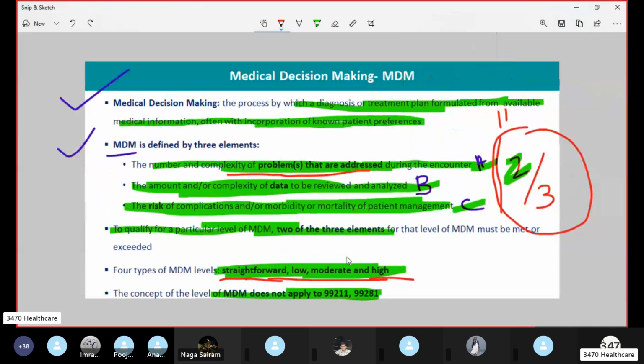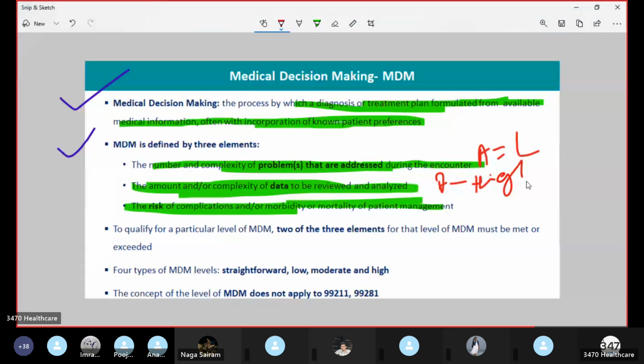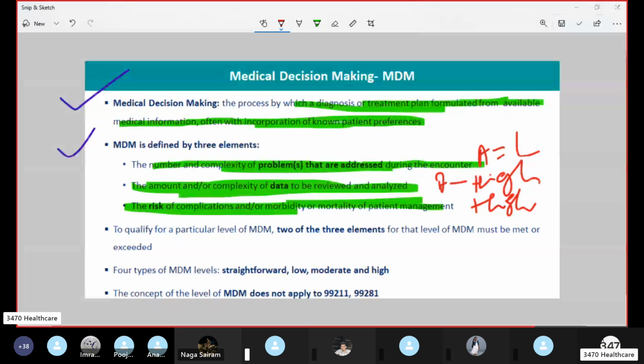Suppose A table is low, B table is high, C table is also high. What is the final MDM? Low, high, high. Which one has two times? High.